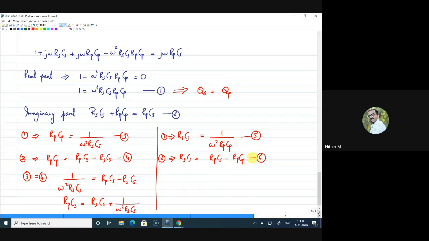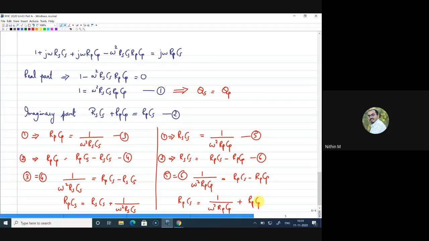This is equation number 6. Now when I equate 5 and 6, I get 1 by omega square RPCP equal to RPCS minus RPCP. So from this I will get RPCS as 1 by omega square RPCP plus RPCP. I hope you are following this derivation.